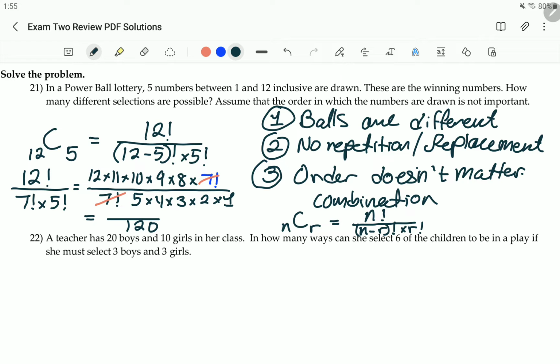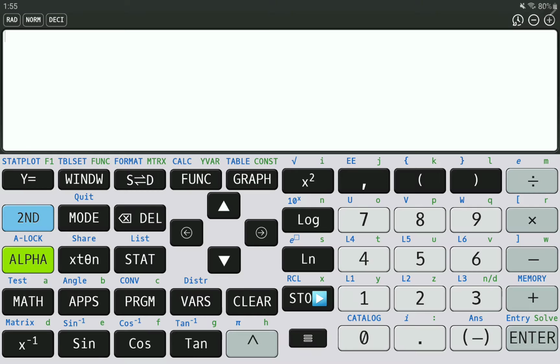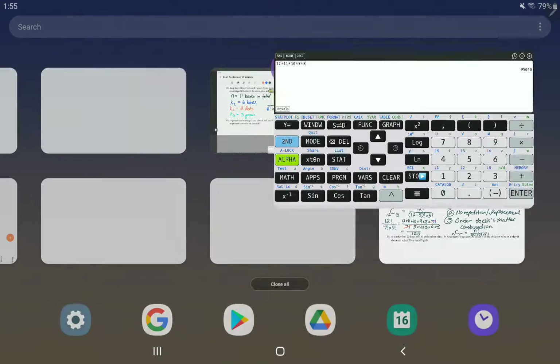Let's multiply our numerator: 12 times 11 times 10 times 9 times 8. That's it, times 8. That gives us 95,040. So that's what's in the numerator.